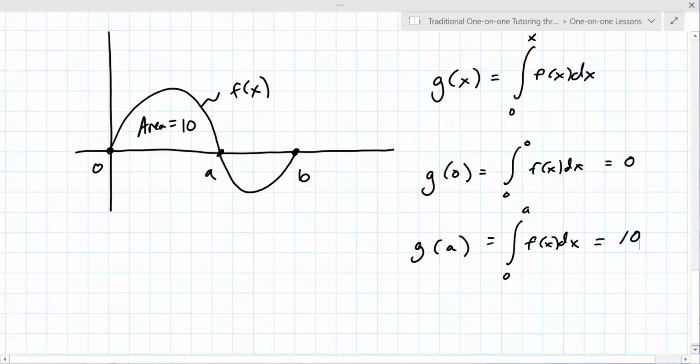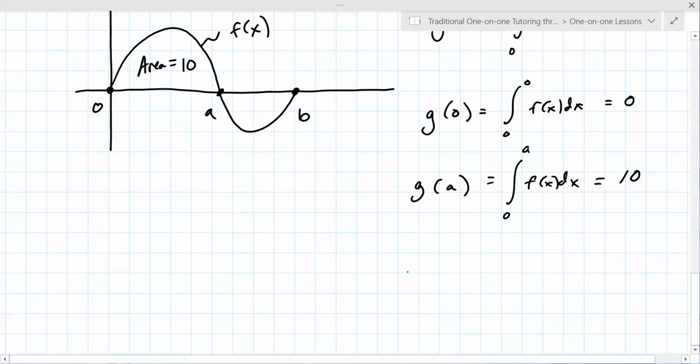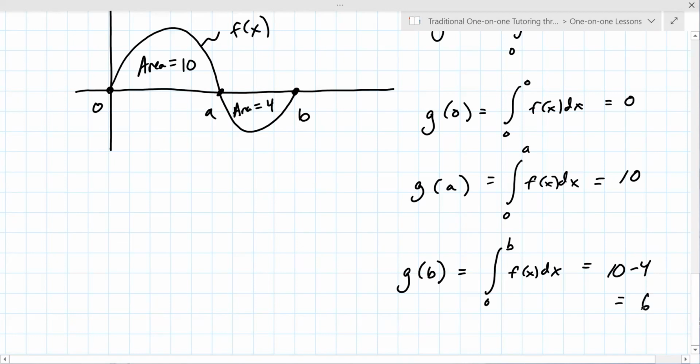But then they could ask for g of b, and g of b equals the integral from 0 to b of f of x dx, and let's just say this area is equal to 4. This would be 0 to b, which includes the area from 0 to a, but it also includes this area from a to b, so it's 10 minus 4, because the area below the curve is negative.